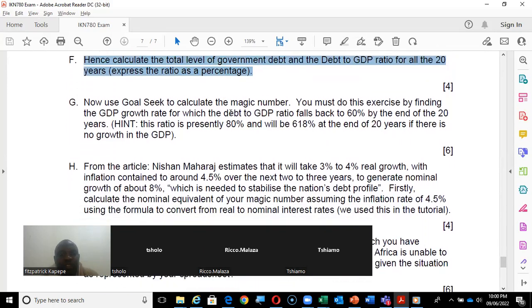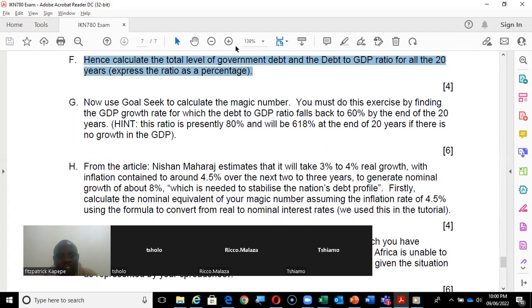Now use Goal Seek to calculate the magic number. You must do this exercise by finding the GDP growth rate for which the debt to GDP ratio falls back to 60% of the 20 years. Hint, this ratio is presently 80% and will be 618 at the end of 20 years if there is no growth in the GDP.